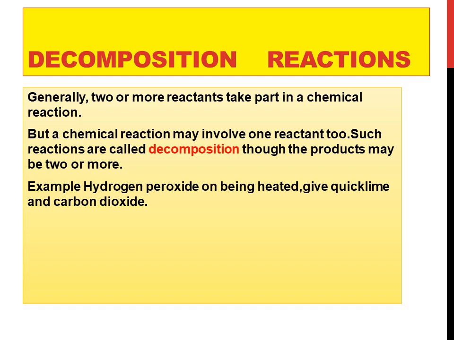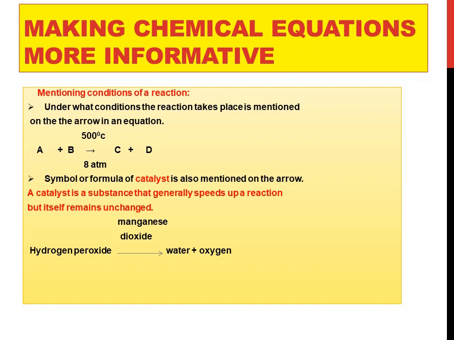Let us move to the next topic, making chemical equations more informative. To minimize the use of language, we try to make chemical equations more informative. Here are some of the ways which we are going to discuss, with the help of which we can make our chemical equation more informative.